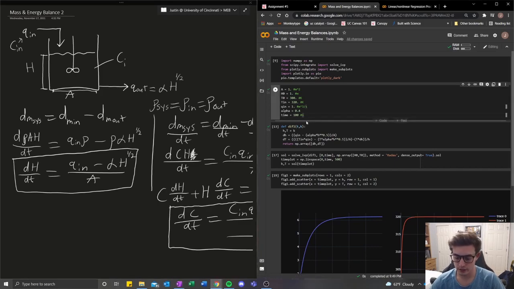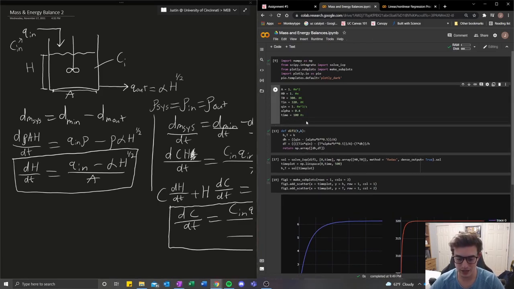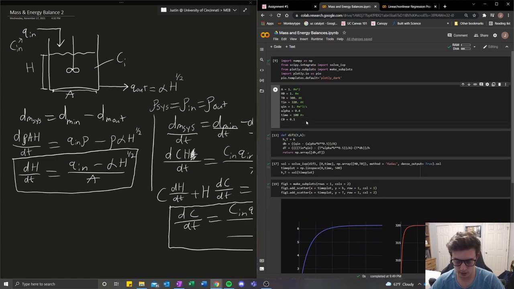So all I need to do is add in the new initial conditions: the concentration initially is going to be 0.1, and the concentration going in is equal to 1.